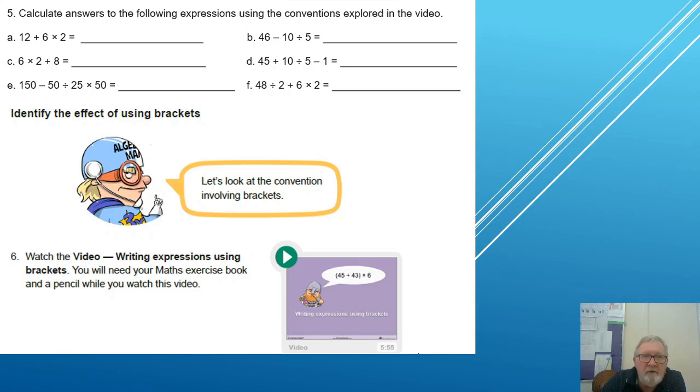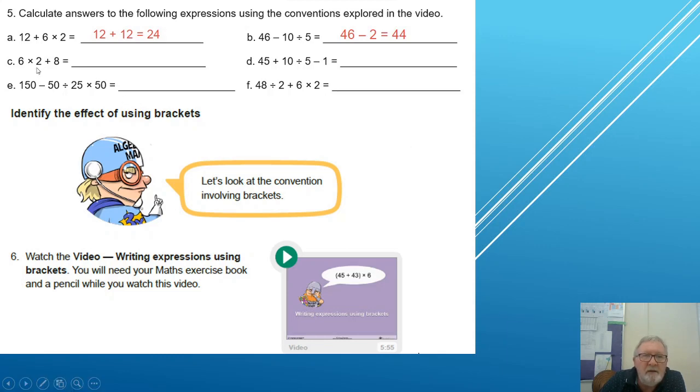Okay, I hope you were confident with that. So you should have done 6 times 2 is 12, plus 12, 24. In B, division first, before subtraction. 10 divided by 5 is 2, 46 take 2, 44.